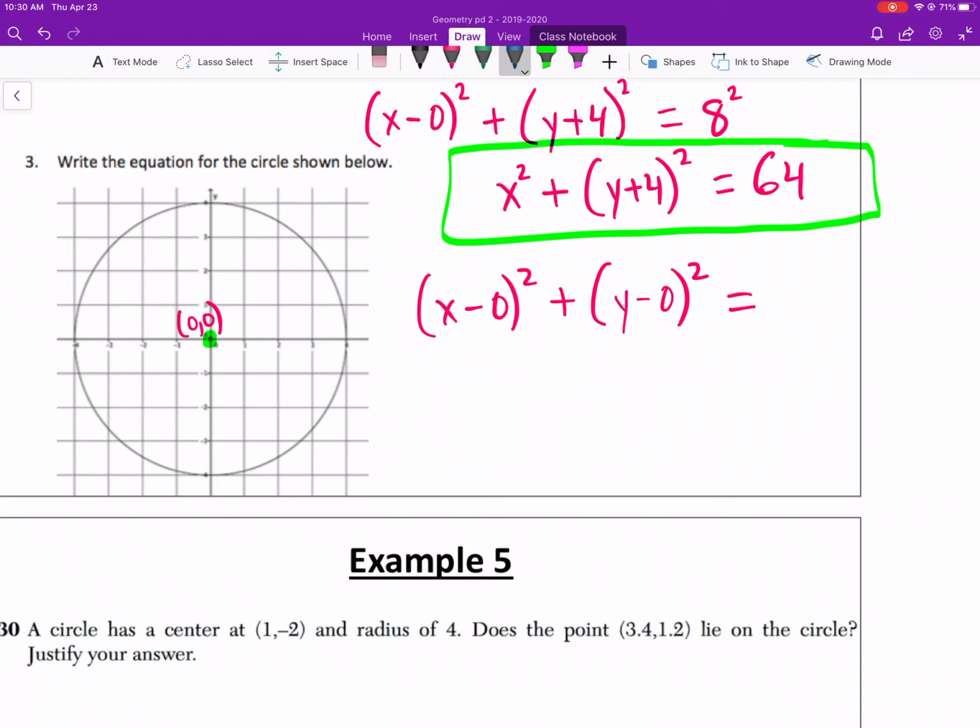You can see the radius is 1, 2, 3, 4. So this would be 4 squared. Now, remember, if it's minus 0, you get rid of that because that would just be x squared plus y squared is equal to 16.